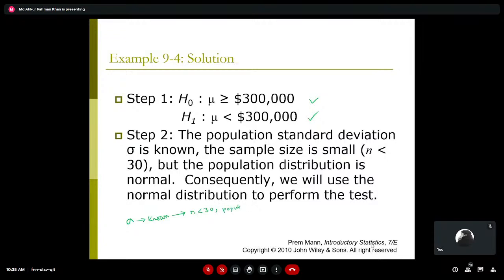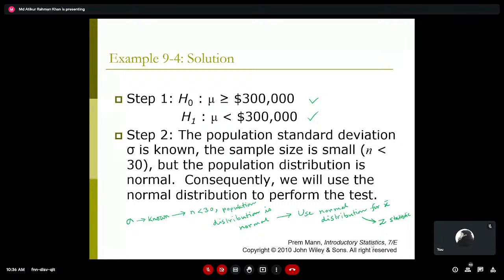The population distribution is normal. So we can use the normal distribution for x bar, and then we can calculate the Z statistic. Okay, so in step 2, we have decided to use the Z statistic.